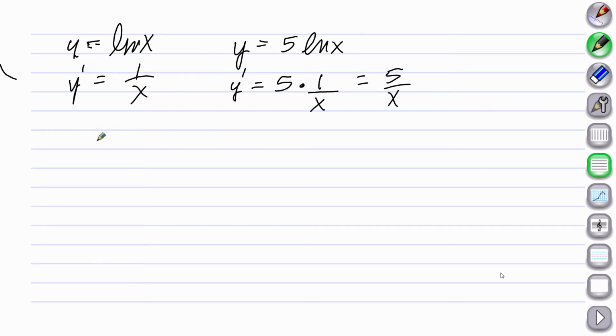Let's look at number 2 here. It's kind of interesting. y equals ln 5x. You don't want to put an equal sign there. You just want to show that you're taking the derivative. So this is going to be 1 over 5x times the derivative of 5x, which is 5.